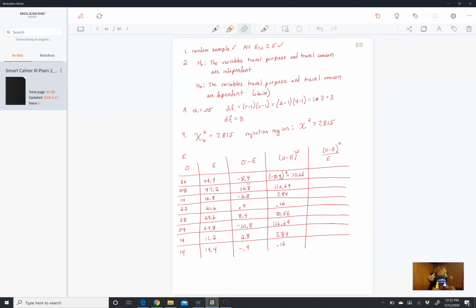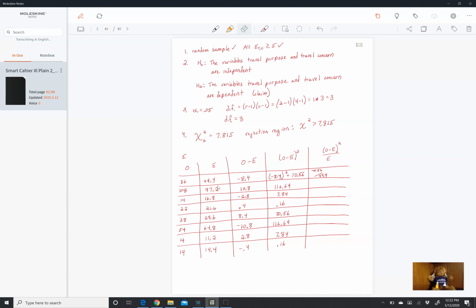Okay. So now here we would be doing 70.56 over 44.4. So we do this third column divided by the second column. Okay. And what do we get?